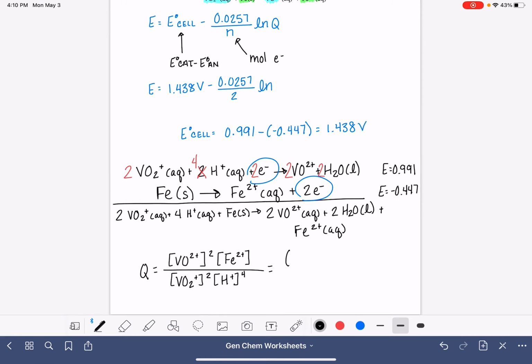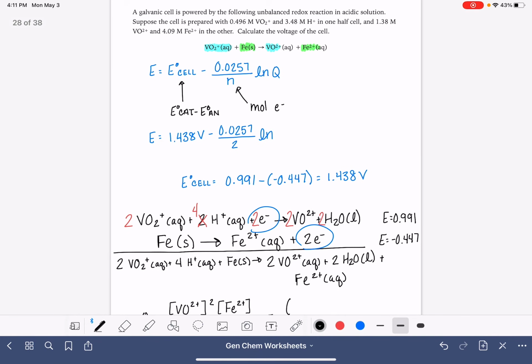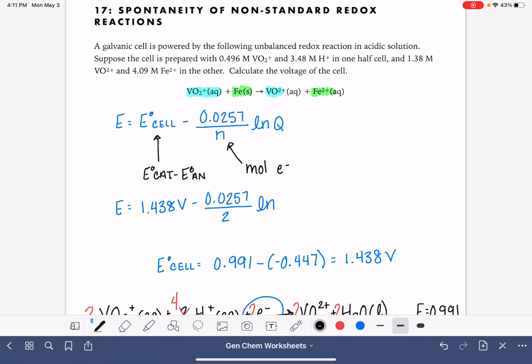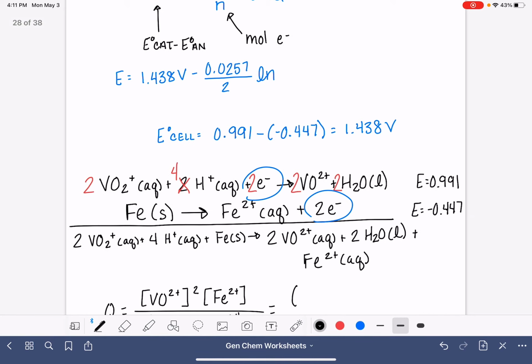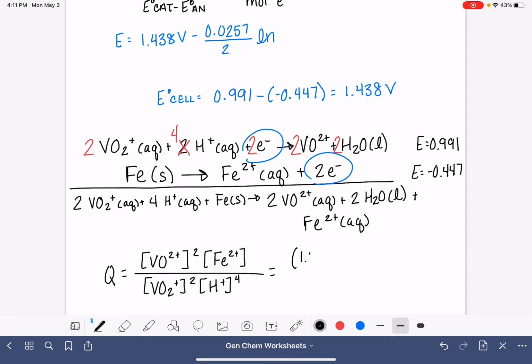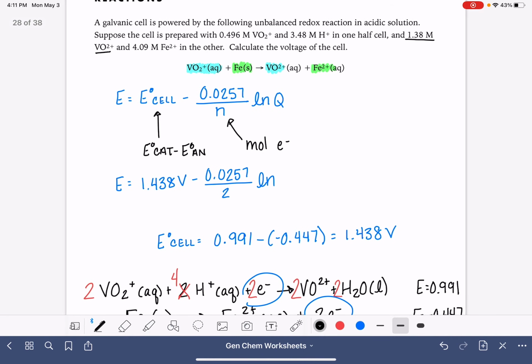The concentration of VO2 plus up in the problem is 1.38, and we'll need that to be squared. Fe2 plus is 4.09.